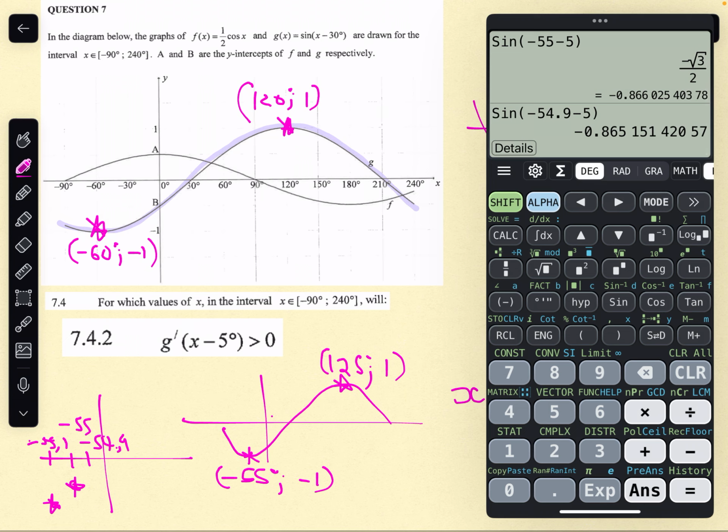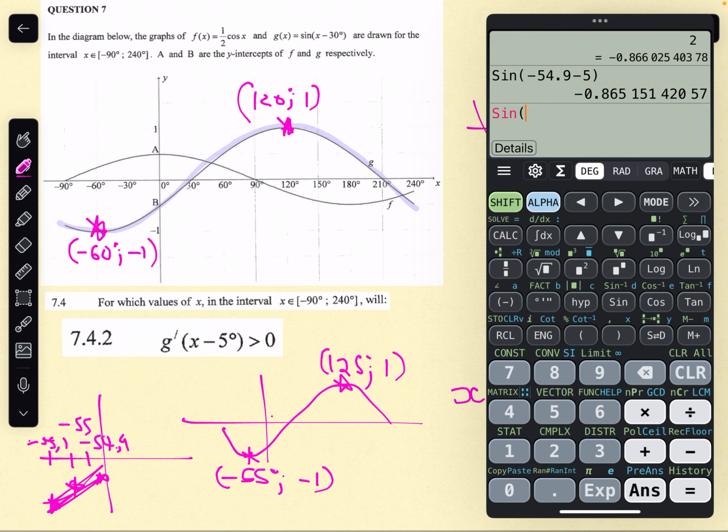So that becomes minus 0.865, which is also slightly less negative. So it's going up and up and up, meaning that the dip has already happened. So this is increasing now over here. This is a problem.